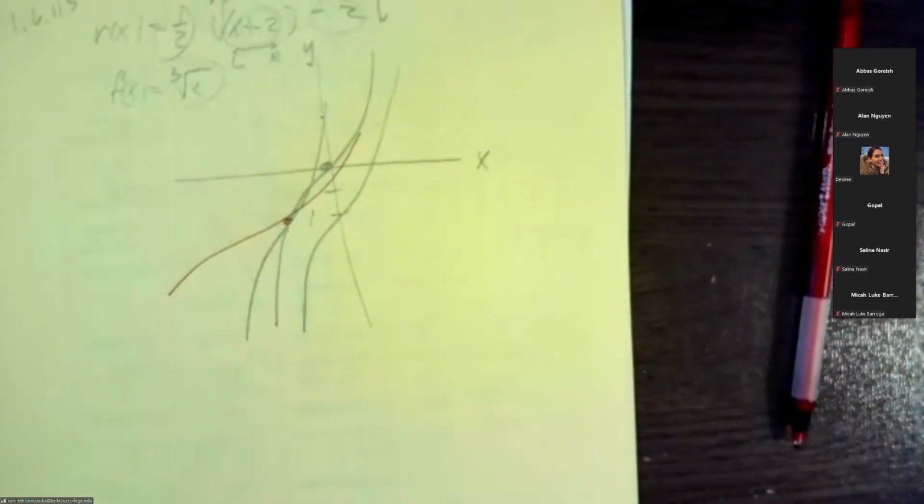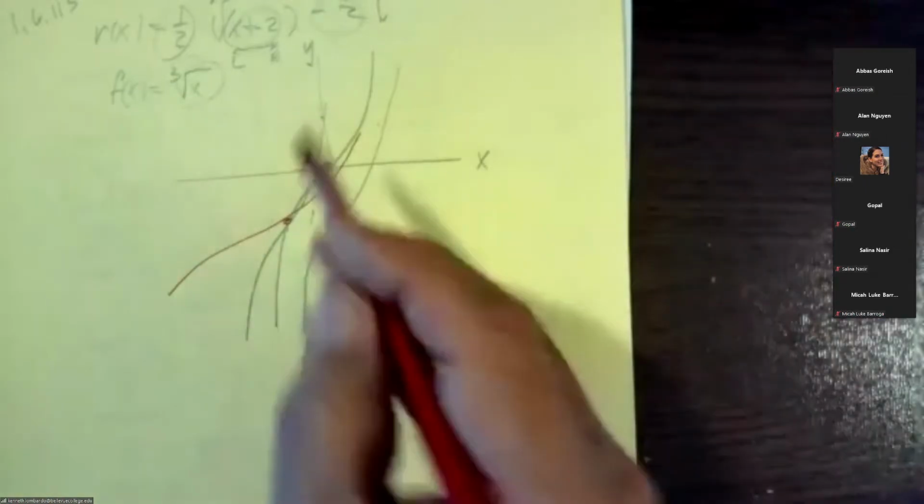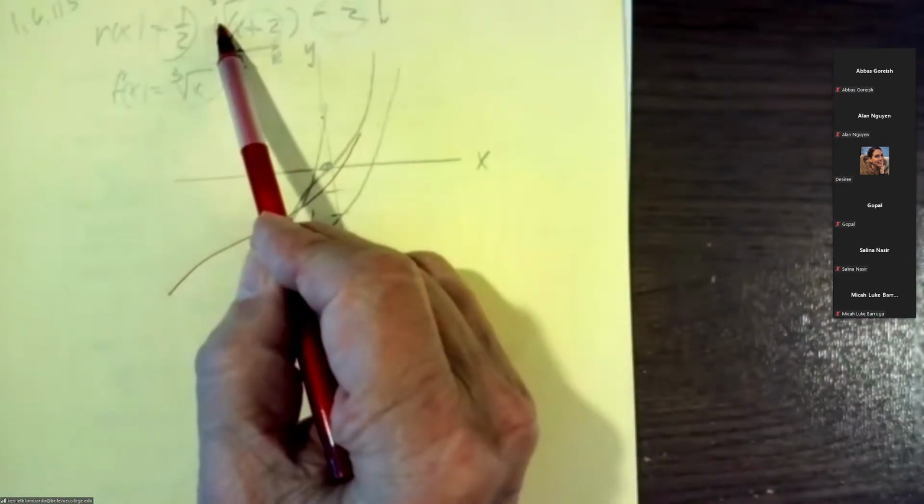Okay, let me take another look here. Let's see, 1, 6. Am I looking? Yeah, 1, 6. You're looking at the right one. 113. Yeah, so let's see. We're going to shift x cubed.